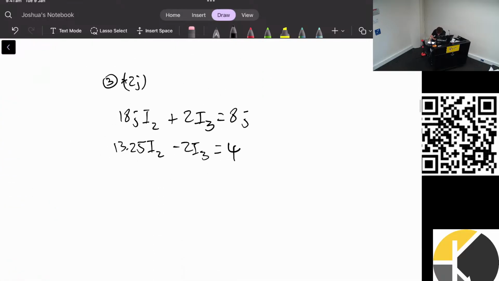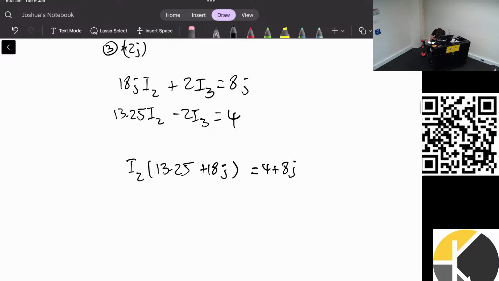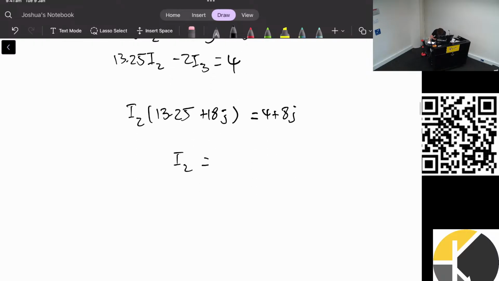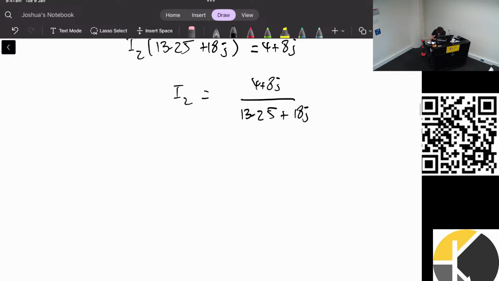Let's add these two equations together. We can solve for I2. And then we know that V equals 5I2. And let's sub that in the calculator.